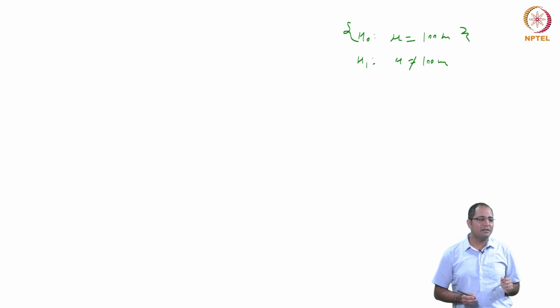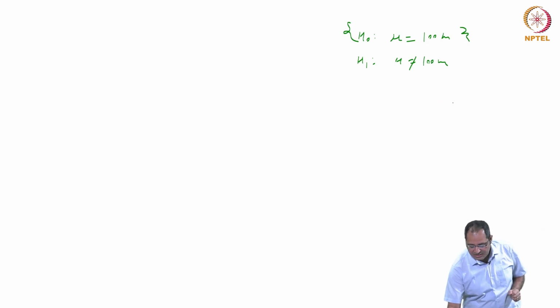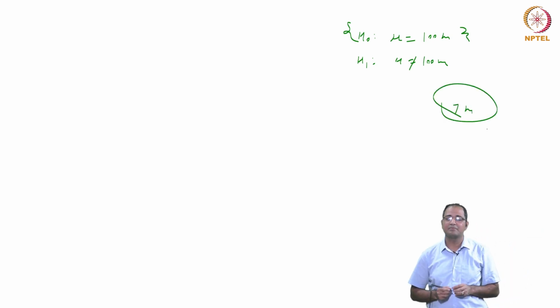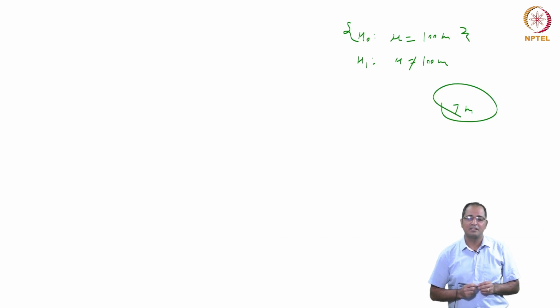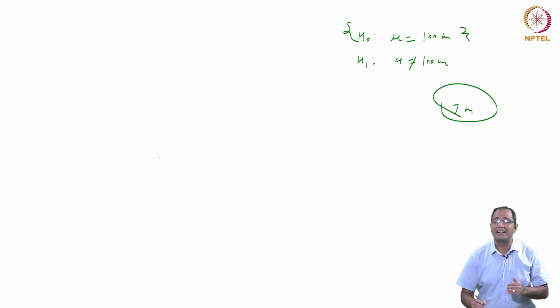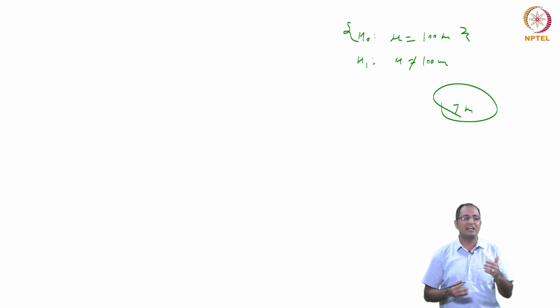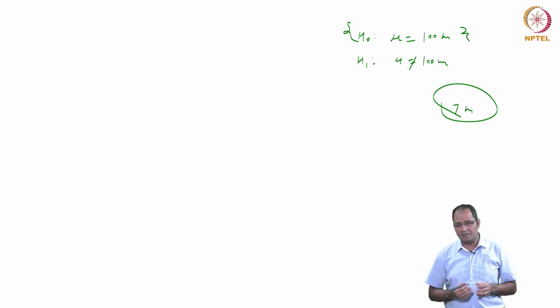And for the sample of 35, the mean height in that particular sample is 7 meters. Now we will come to the sampling distribution to see whether to reject the null hypothesis or not.